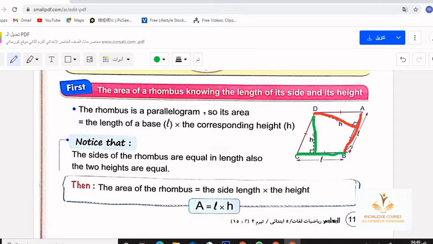So the area of the rhombus equals the side length multiplied by the height corresponding to that base.